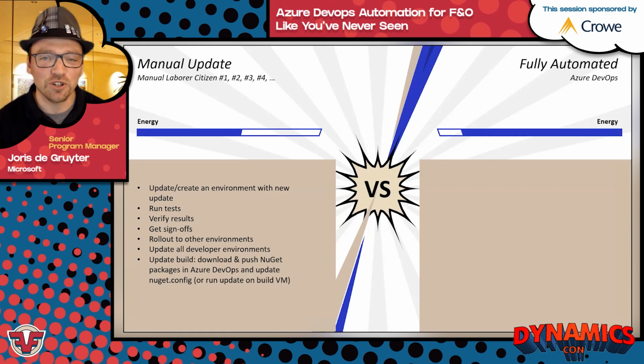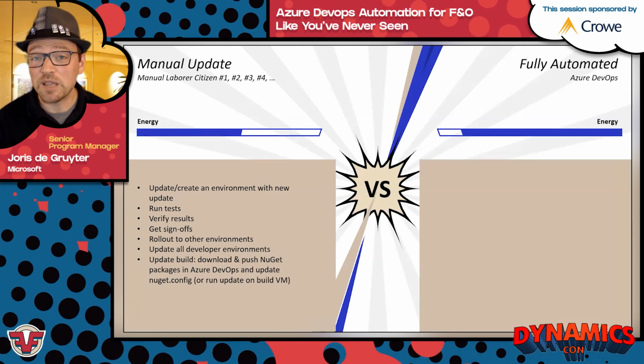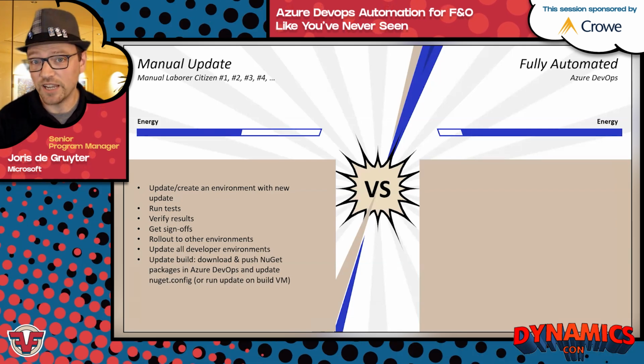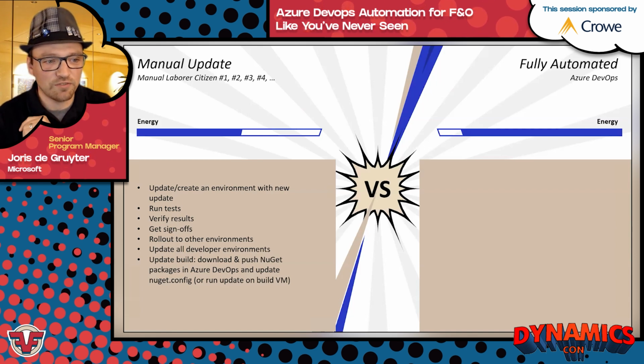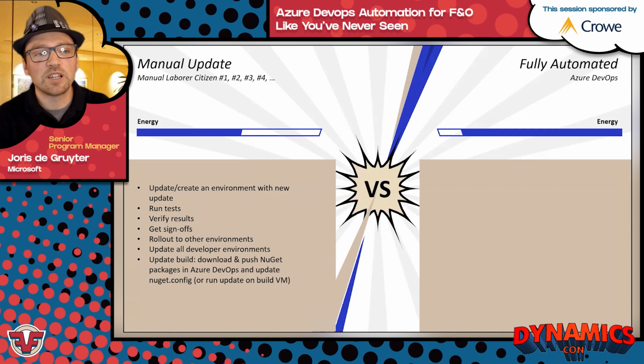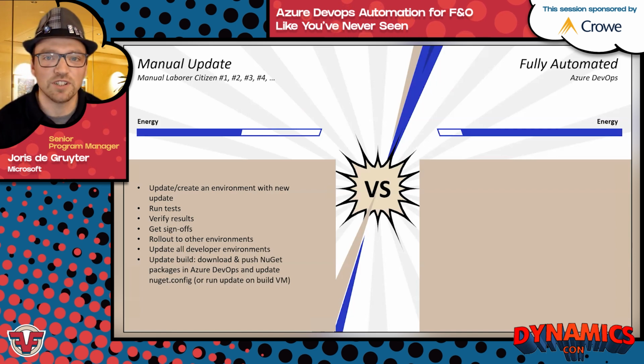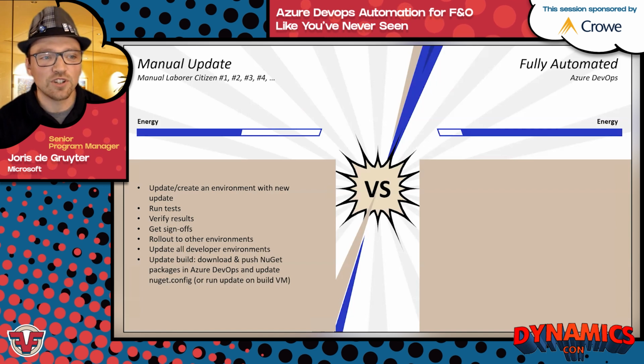So what I'm going to show you today is some ideas around automating taking a monthly update for F&O. If you look on the left side, and of course this will be different for specific implementations and customers, but in general, you start by updating or creating a specific environment with the update so you can at least check what's going on.